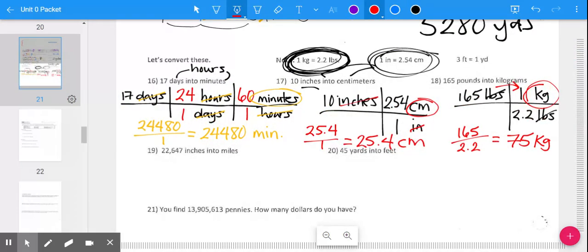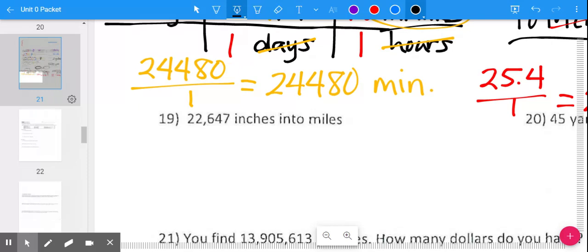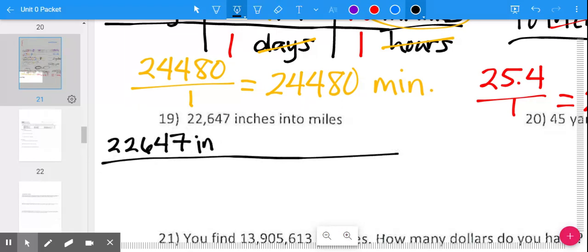So our next section. We have 22,647 inches into miles. So 22,647 inches, we have to take it to miles. We don't know how many inches are in a mile without thinking about it, but we can go from inches to feet to miles easier.